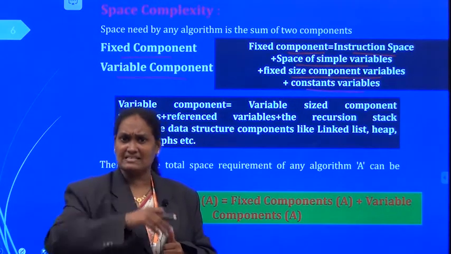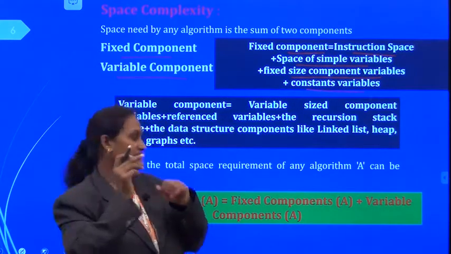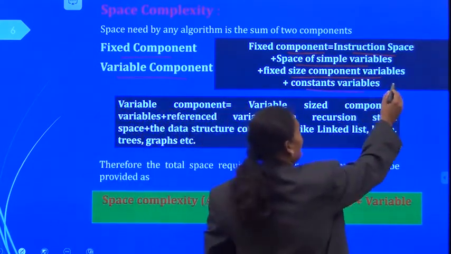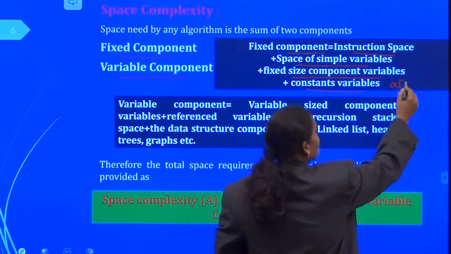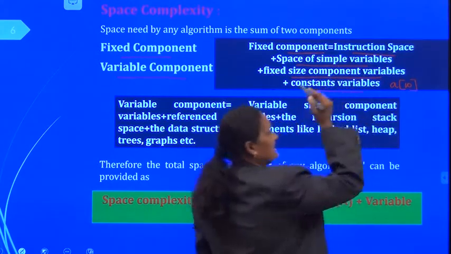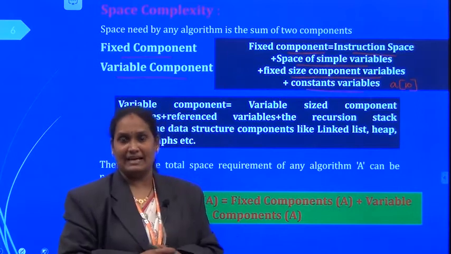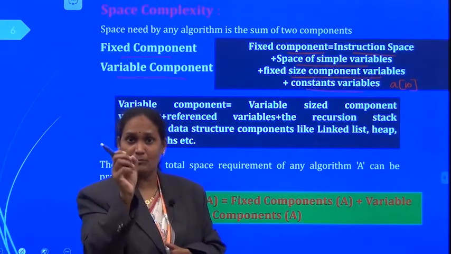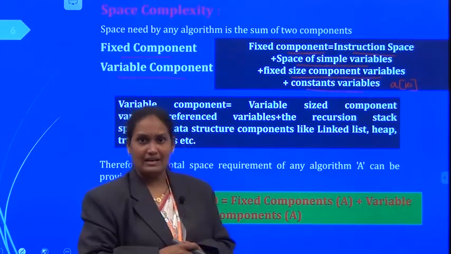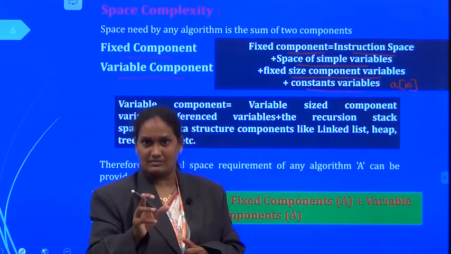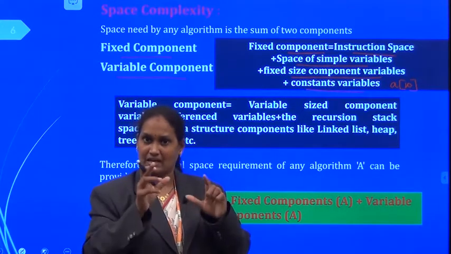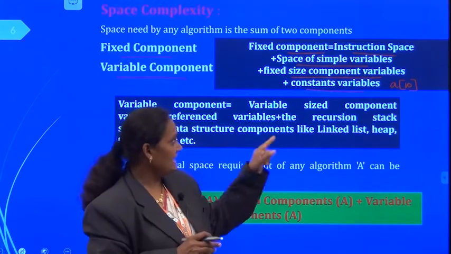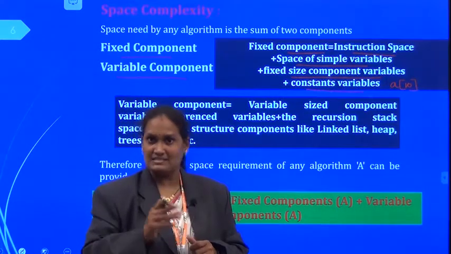Now, fixed size component variables. What are the fixed size component variables? Suppose, for example, I have taken an array whose size I gave as 10. Here that array is a component variable. Array is not a simple variable such as x, y. Now I gave the size of that array as 10.